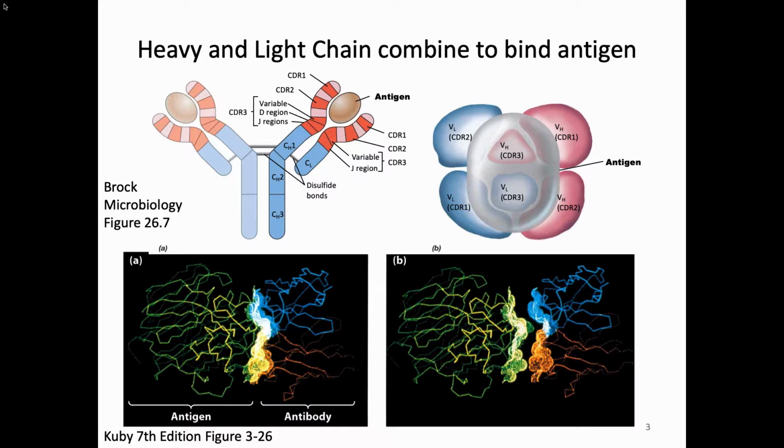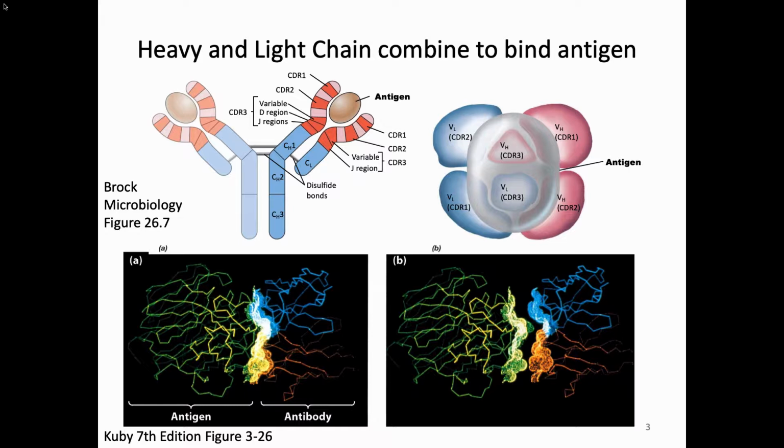And you can see this at the top, where the antigen is shown as binding between the heavy chain and the light chain. You can also see an antigen shown here making contacts with both the heavy chain and the light chain across a surface on the bottom. Specifically, the parts of the heavy chain and the light chain that are making those contacts are those loops at the end of the immunoglobulin domain.